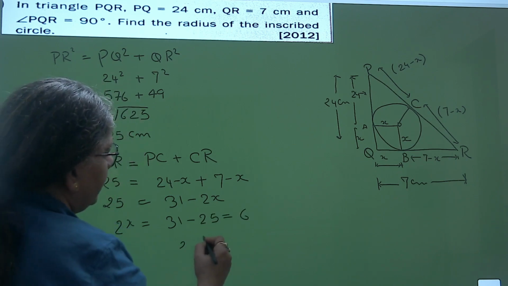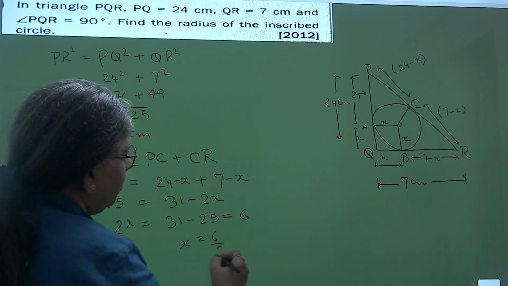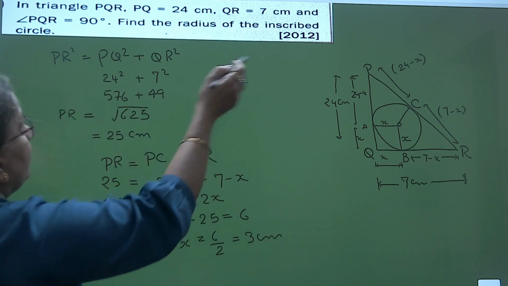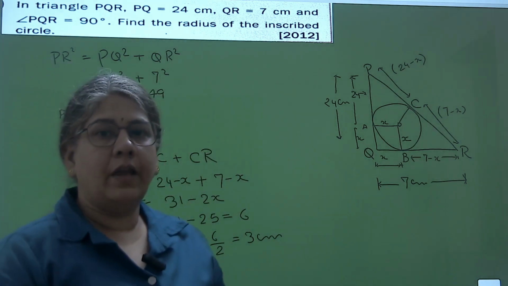So X is equal to 6 upon 2, that is 3 centimeters. So the radius of the inscribed circle is 3 centimeters.